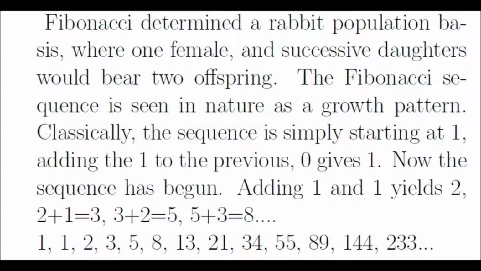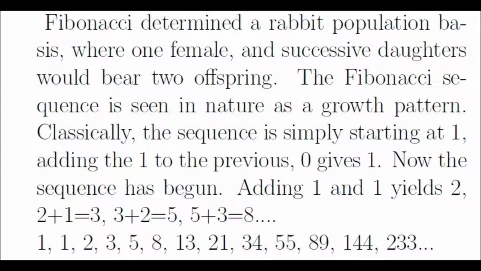Fibonacci determined a rabbit population basis where one female and successive daughters would bear 2 offspring. The Fibonacci sequence is seen in nature as a growth pattern. Classically, the sequence starts at 1, adding 1 to the previous, 0, gives 1. Now the sequence has begun.